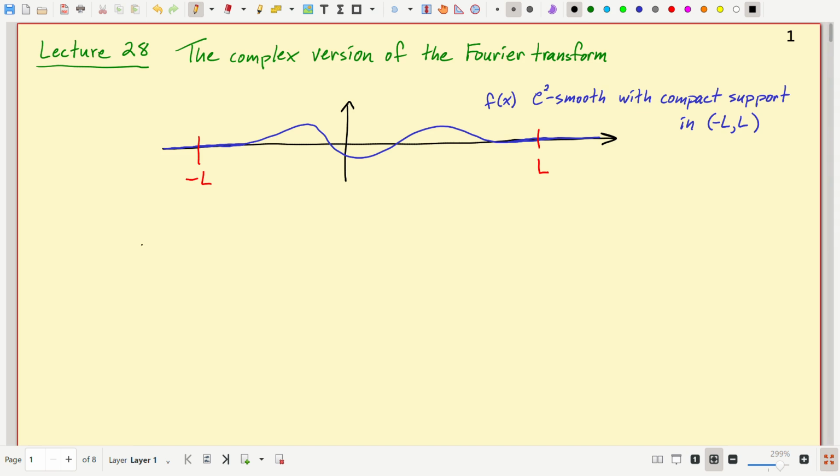And we derived the formula for Fourier series using different intervals than minus pi to pi.